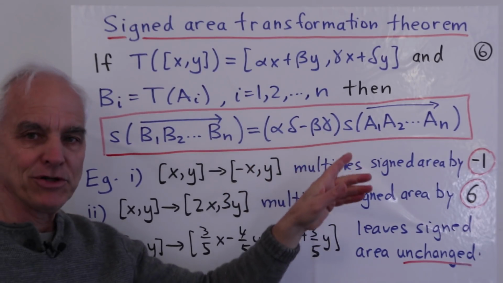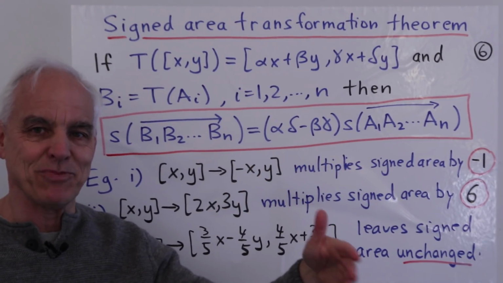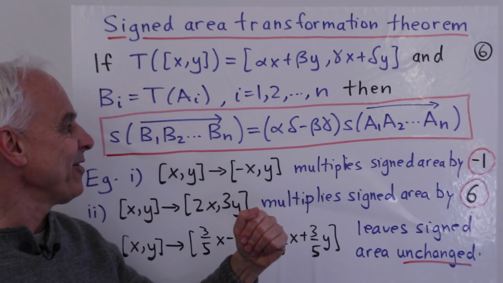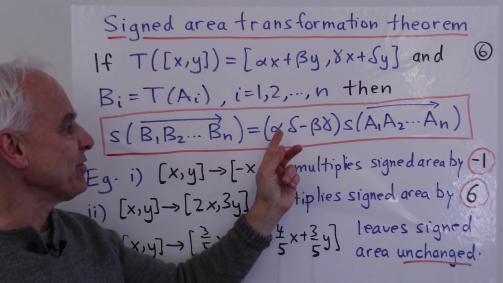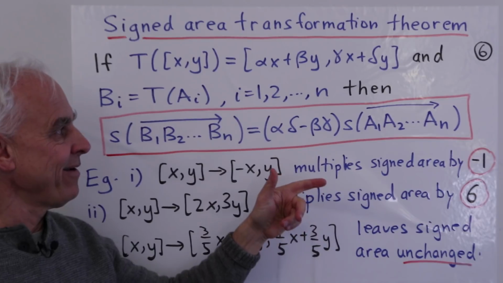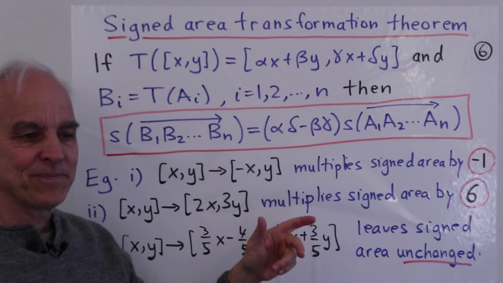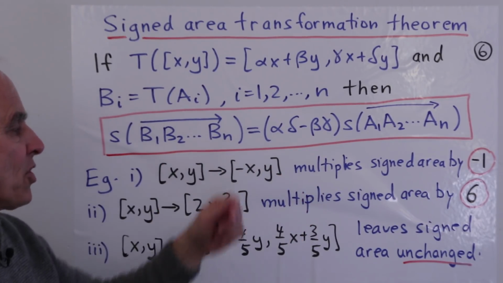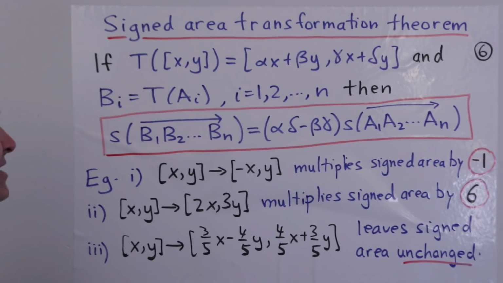That's very similar to the kind of cross product expression that we've seen. It's like the cross product of the vectors (alpha, beta) and (gamma, delta), if you like, the rows or the columns of the matrix that's involved here.